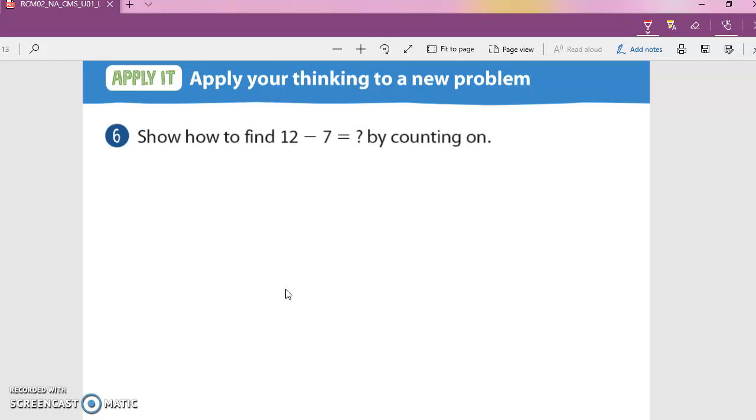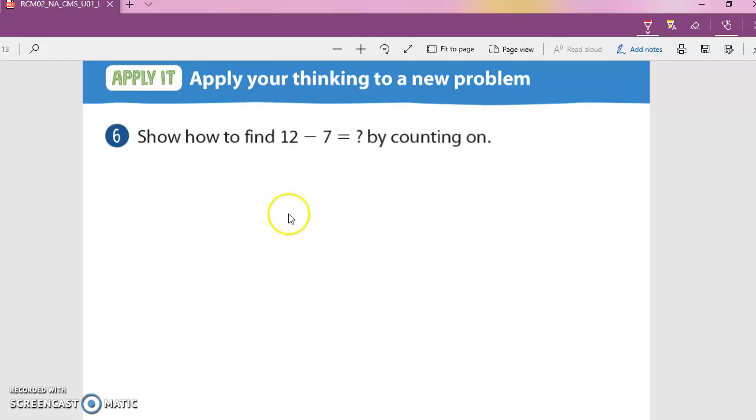All right. So for this one, I don't really have a picture to draw. I guess I could draw the tens frame like they did. You're going to say 7. We're going to start counting with the smaller number this time. So we're going to say 7. And then when we put our first finger up, we're going to say 8. 8 is our first finger up.